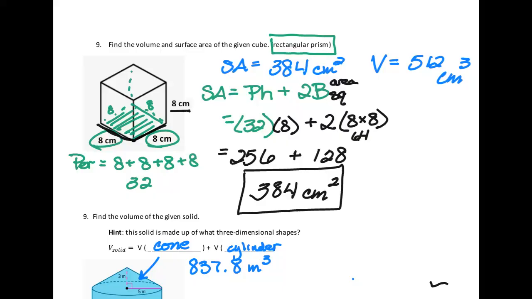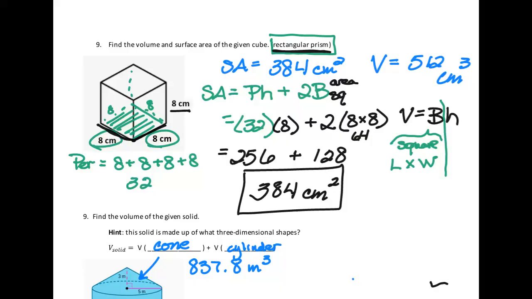All right, so the volume of a prism, this is a rectangular prism, is capital B times H. Capital B represents the area of the base, the thing that it's sitting on. Well, that is a square, which we can either say is side squared or length times width. They're both going to be the same.